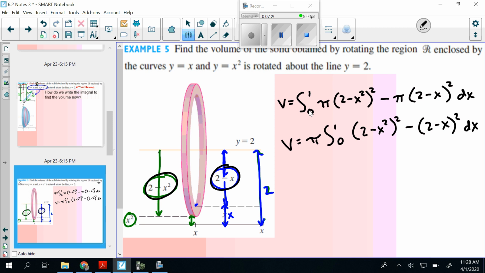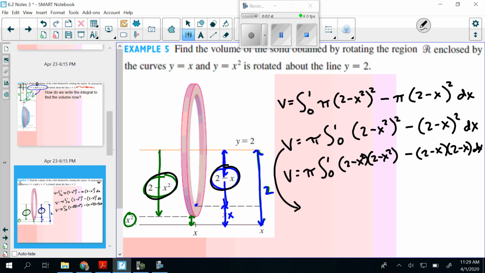And what I mean by that, if you were going to try to figure out what this integral would be, you would want to make sure you'd multiply out 2 minus x squared times another 2 minus x squared and FOIL that out. Same with over here, you'd have to FOIL that out and then simplify that and do all that and then find the antiderivative.